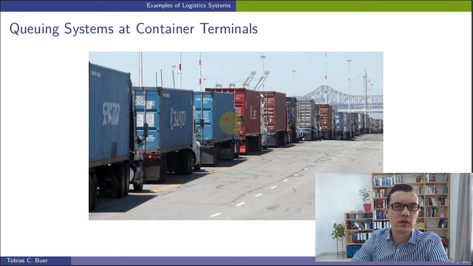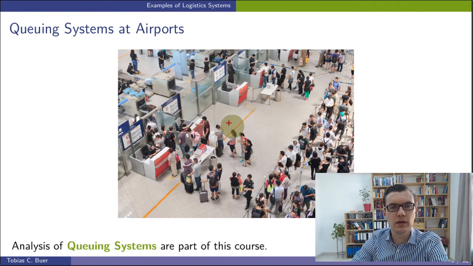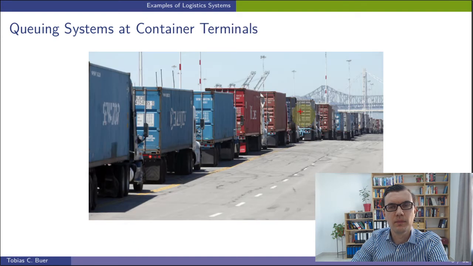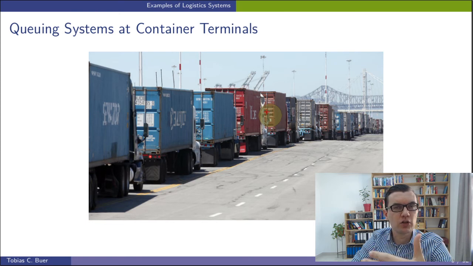Different continents handle this in different ways, but if this is handled in the wrong way, then long waiting times are the consequence, meaning you have to bring the container very early, some days before the ship arrival, which leaves you less flexibility in producing the items.